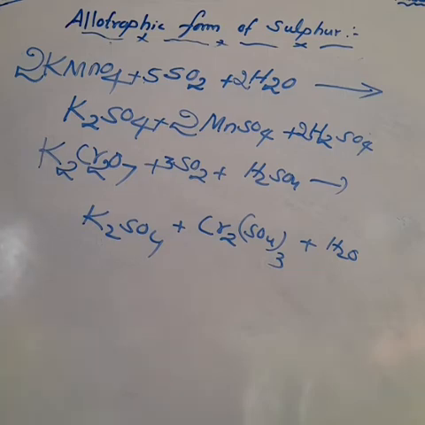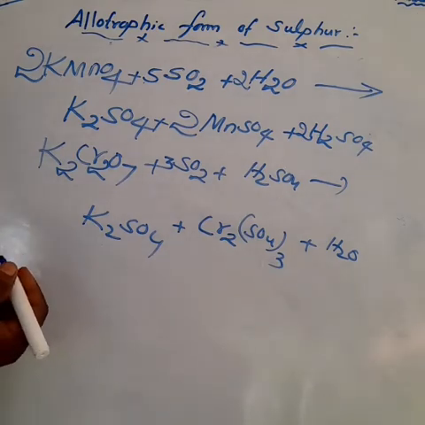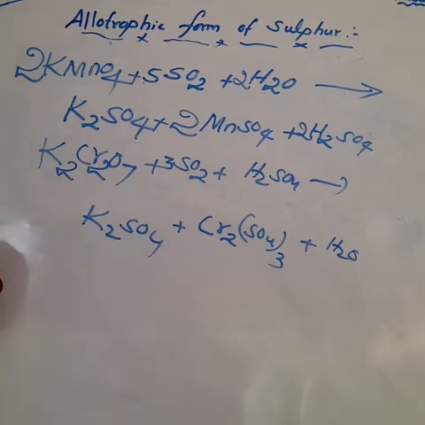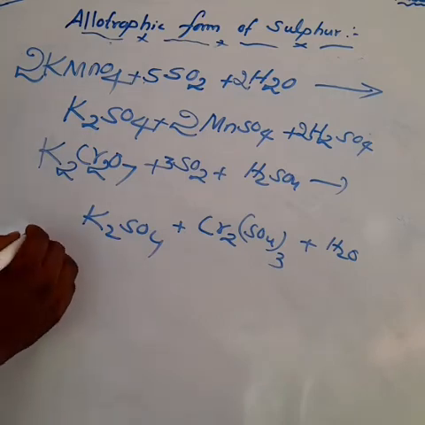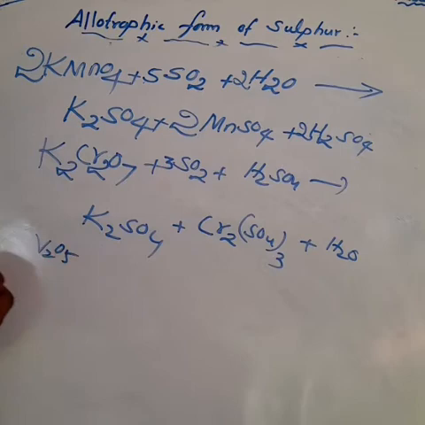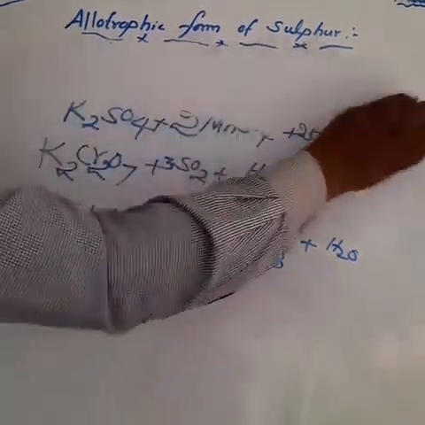Next, reaction with oxygen. Here sulfur dioxide is easily oxidized to sulfur trioxide. Here we take one of the catalysts, called vanadium pentoxide. What's the formula of vanadium pentoxide? V2O5. And here we are giving a high temperature of about 450 degrees Celsius. Everything is in the gaseous form, am I right?